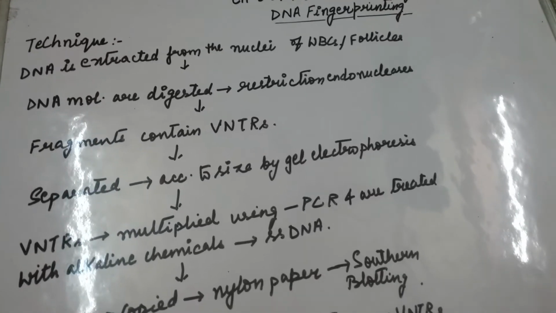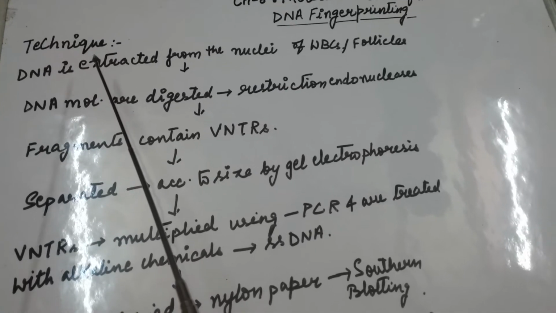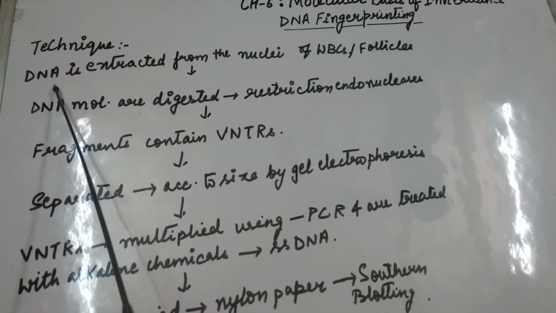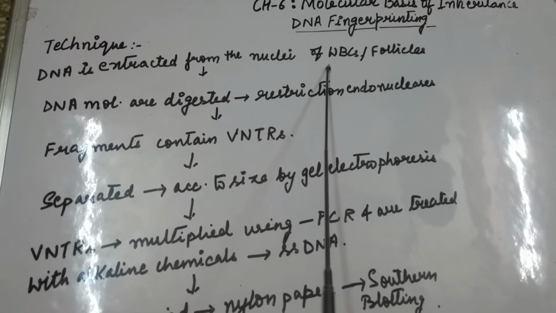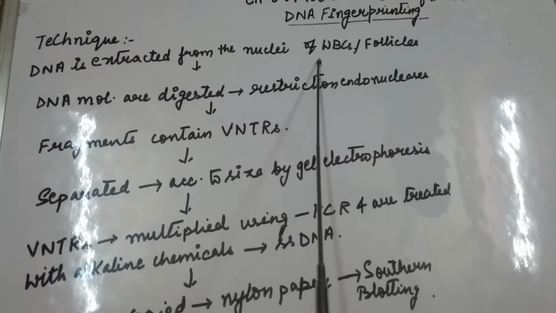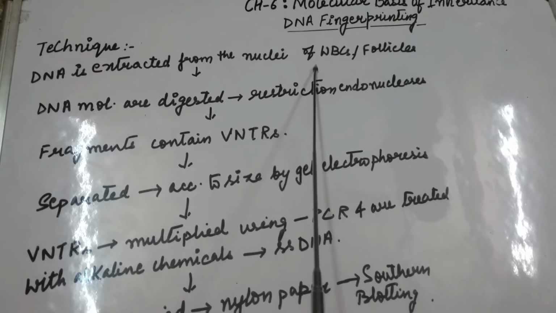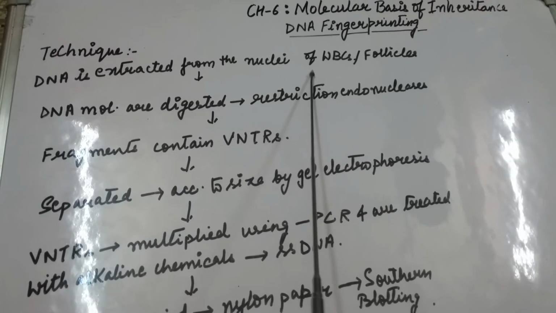Now let us see the technique that is used in DNA fingerprinting. In this technique, DNA is extracted from the nuclei of blood cells, that is WBCs, or from spermatozoa or the hair follicle cells that cling to the roots of hairs.